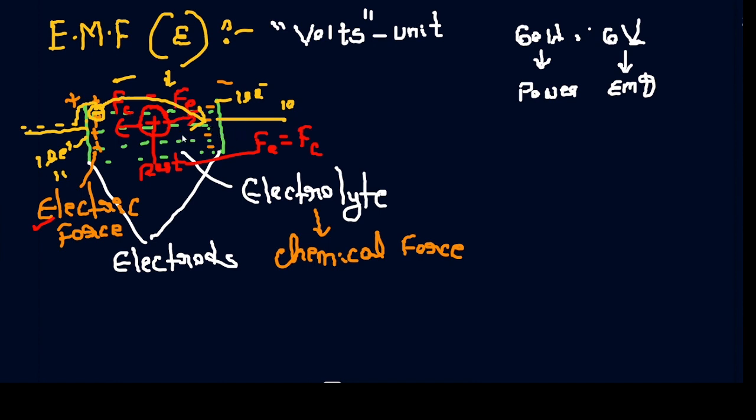By applying force, it moves some distance, so it is force into displacement, which is nothing but work. But work done by what? Work done by chemical force, on what? On charges. On the negative charge here, it actually works.